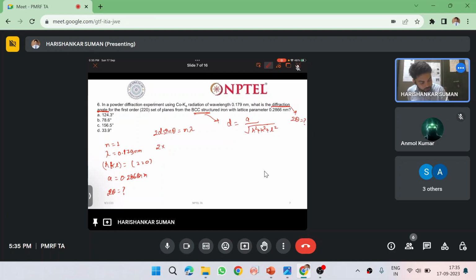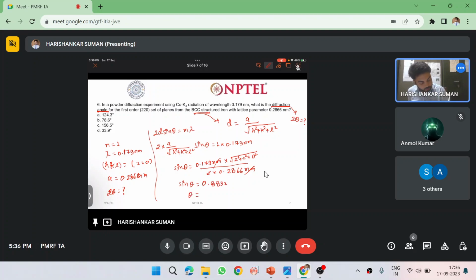So let's put this value in. d equals a over the square root of h square plus k square plus l square. sin theta equals n lambda over 2d, with n equal to 1 and lambda 0.179 nanometer. So sin theta equals 0.179 times the square root of 2 square plus 2 square plus 0 square, divided by 2 times 0.2866. This is 0.8832.